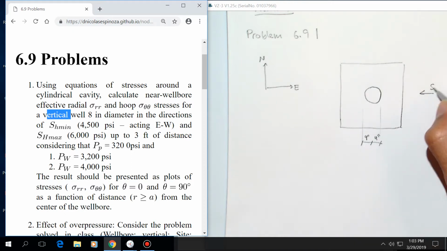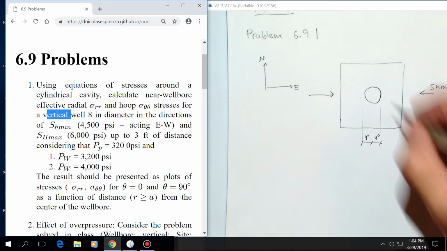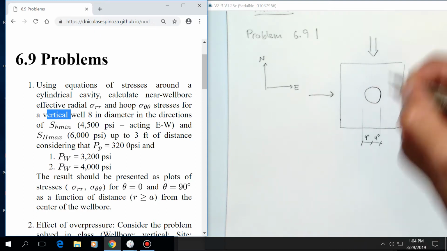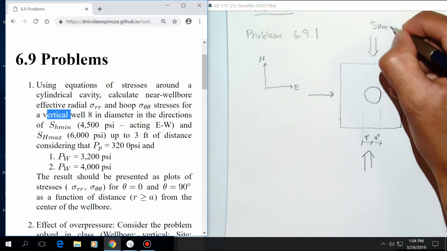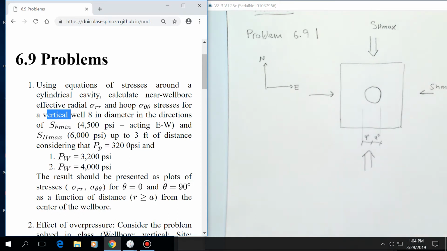So this is going to be SH min, and therefore if SH min is in east-west, SH max should be perpendicular to it, because those are principal stresses, and it's going to be coming in the north-south direction.